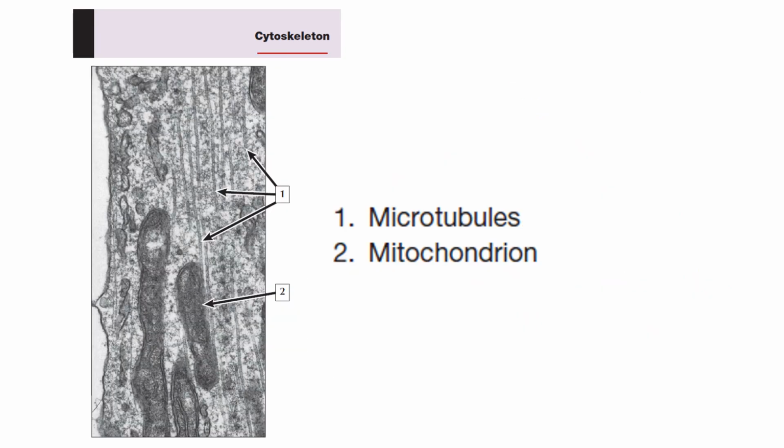Finally, an electron micrograph of microtubules in a cultured cell. Microtubules, labeled here as number 1, are hollow, semi-rigid cylindrical organelles of uniform diameter, around 25 nanometers, but extremely variable in length, and are particularly abundant in neurons, platelets, leukocytes, and dividing cells.